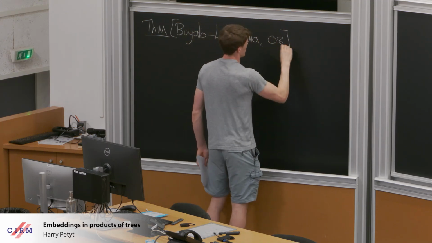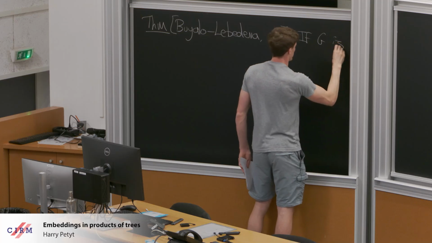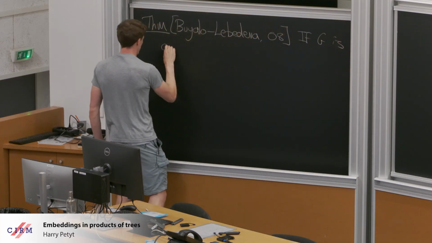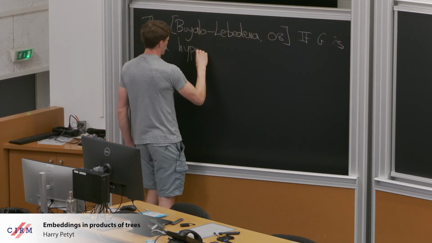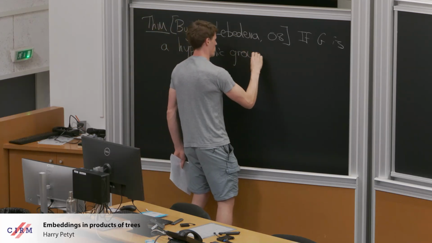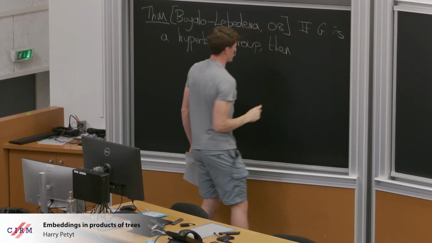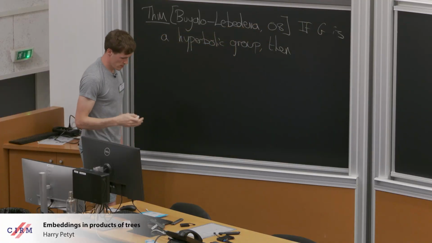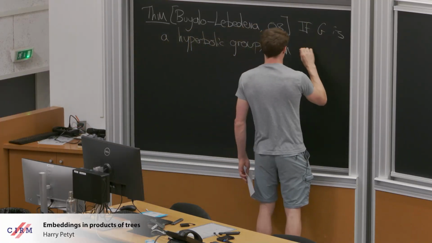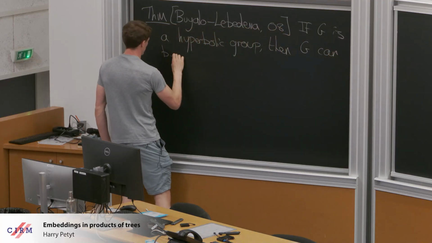in 2008. And they proved that if G is a hyperbolic group, then G can be quasi-asymmetrically embedded in a product of trees, and it's the correct number of trees.